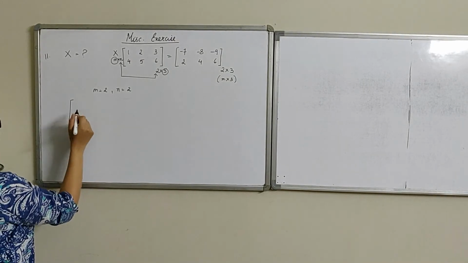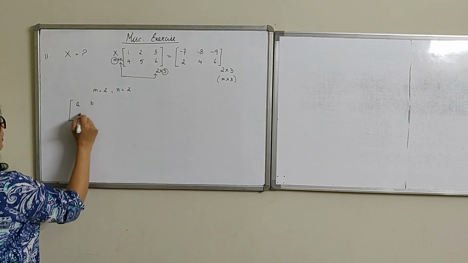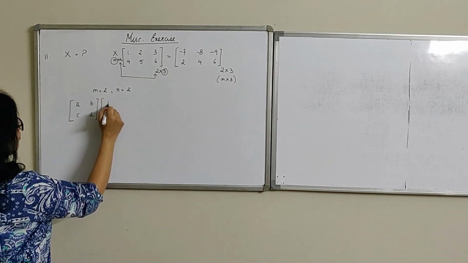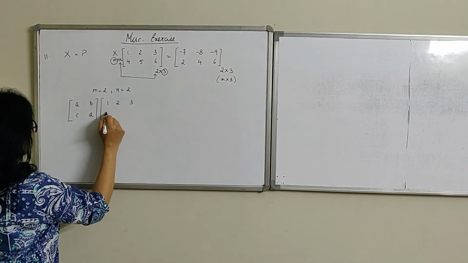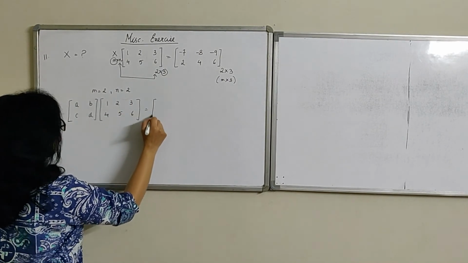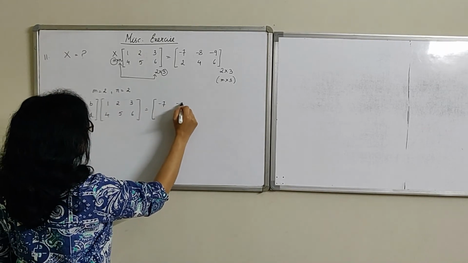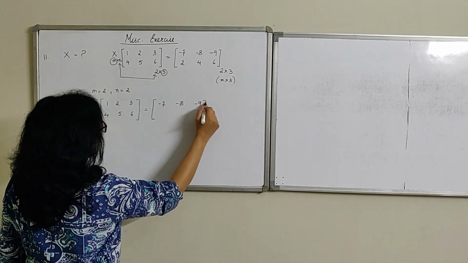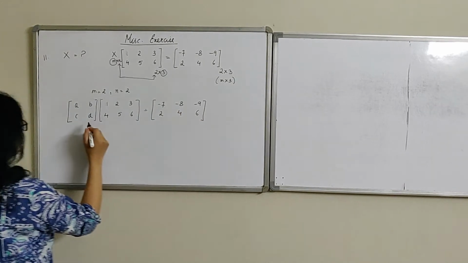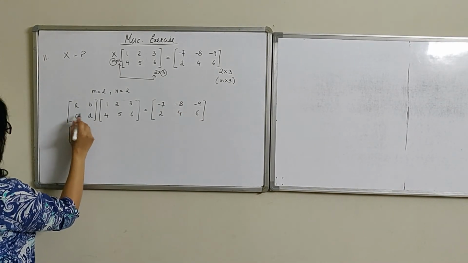So suppose matrix X is given by these elements. The other matrix has elements 1, 2, 3, 4, 5, 6. And on the right hand side, this matrix is given. So let's multiply here.